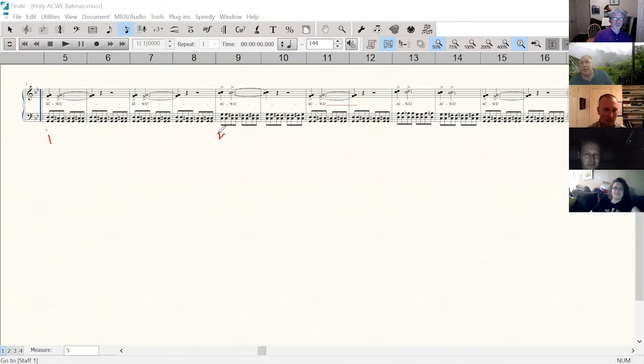I'm sorry, they go to the 4 for 2 measures, and then they return back to the 1, and then they go to the 5, and then the 4, and then the 1, and that's it. That's a 12-bar blues, and you see that progression over and over again in modern pop music. So many examples of this exist.